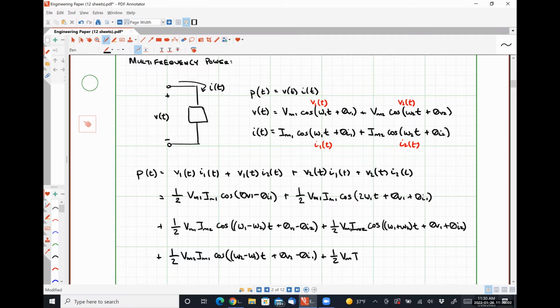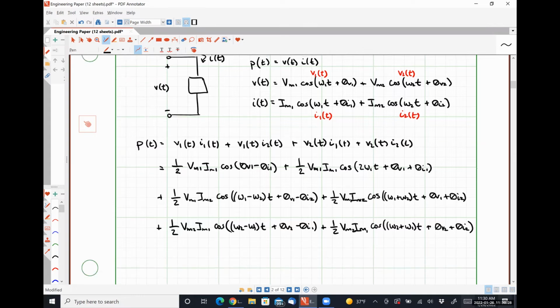Sorry, this should be VM1 up here. This should be VM2 down here. IM1 cosine omega 2 plus omega 1 t plus theta V2 plus theta I1.